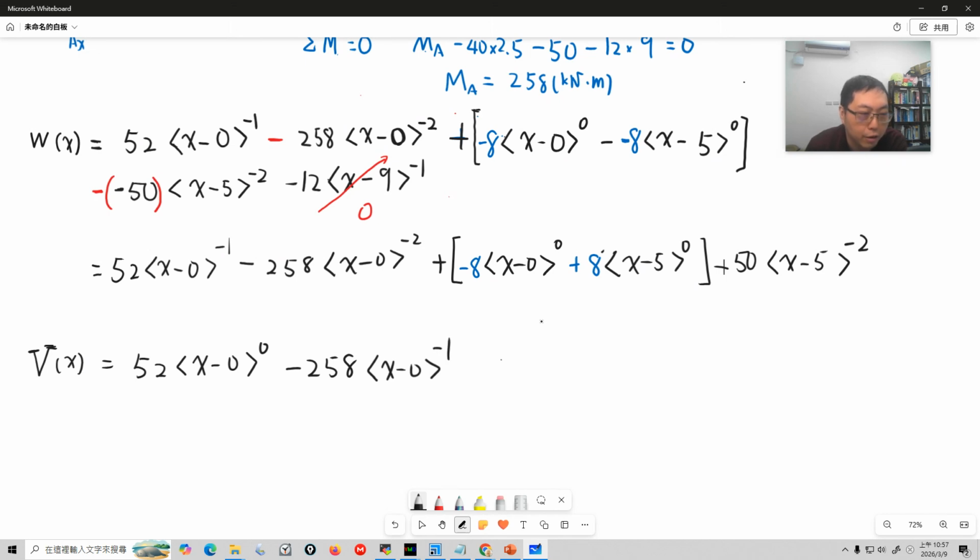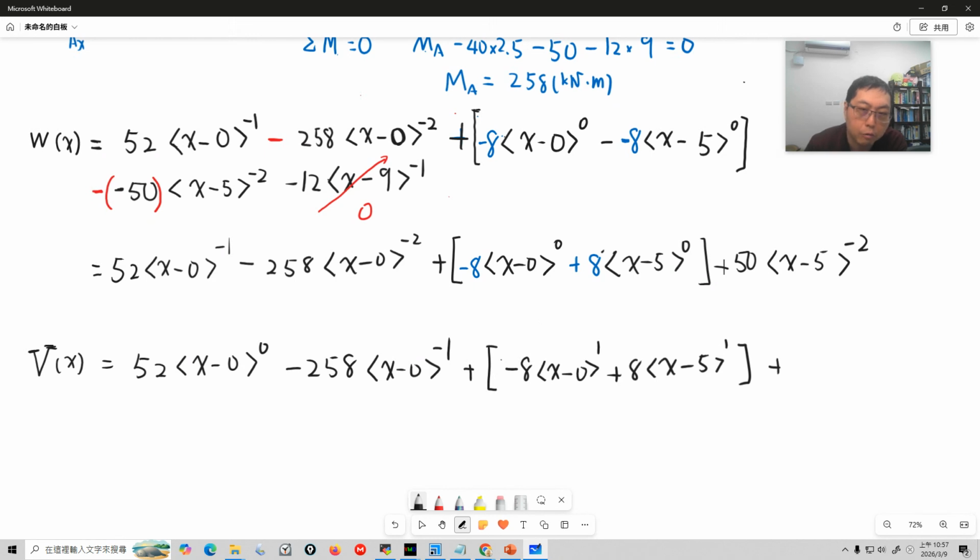Here for this one, if your power is 0, 1, 2, just use the integration rule you learned in calculus. So it will become minus a x minus 0 power 1 plus a x minus 5 power 1.